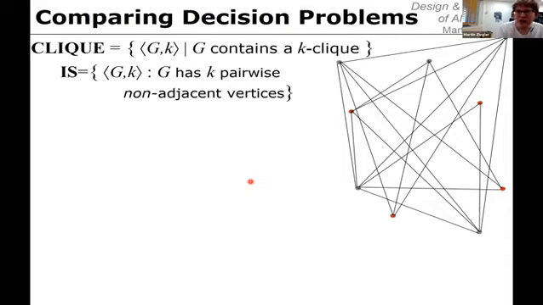Namely, take the algorithm for the independent set problem and prepend that algorithm with our simple algorithm that flips edges, because flipping edges converts independent sets of size k into cliques of size k and vice versa. So again, the independent set problem and the clique problem have the same complexity.